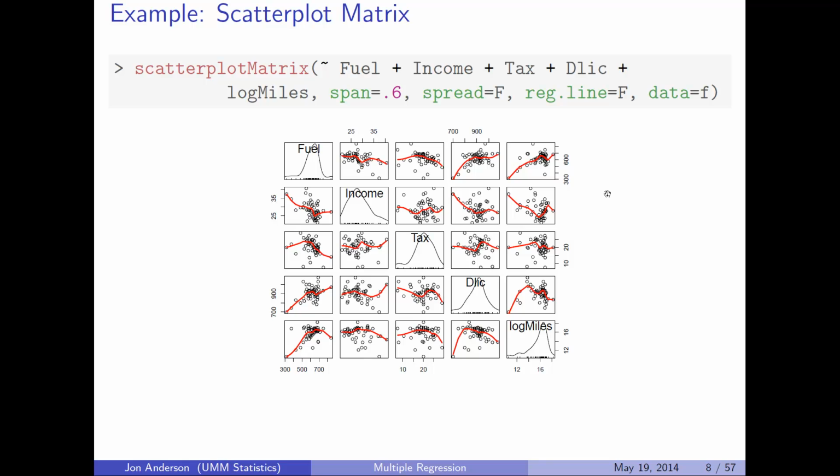And what you can see from this scatter plot matrix is that, for example, fuel consumption is very correlated with log of mileage. You can see there's a strong upward correlation there between fuel consumption and mileage.